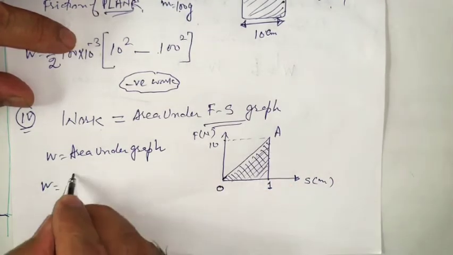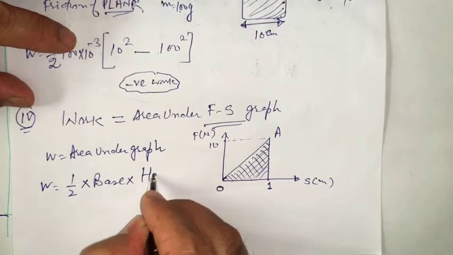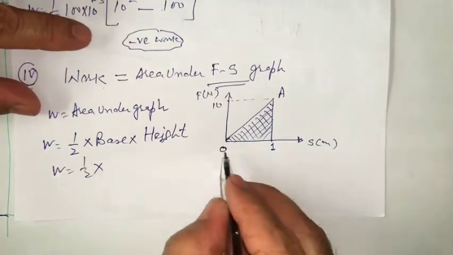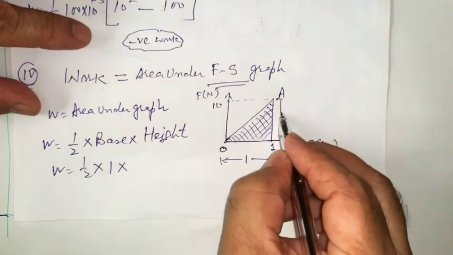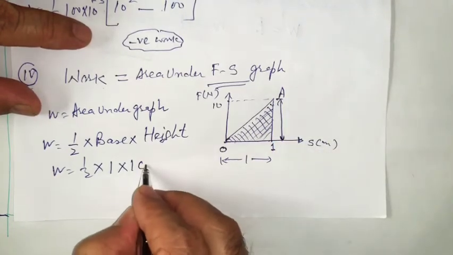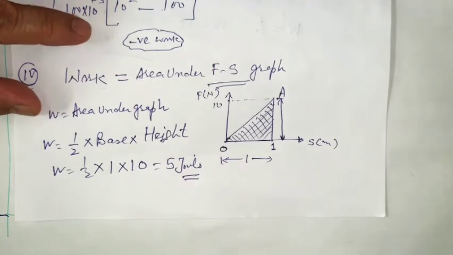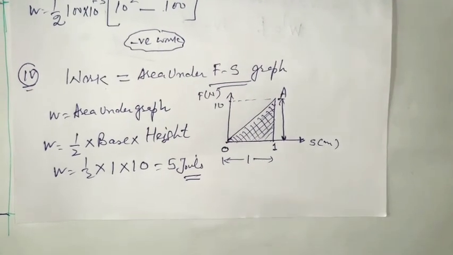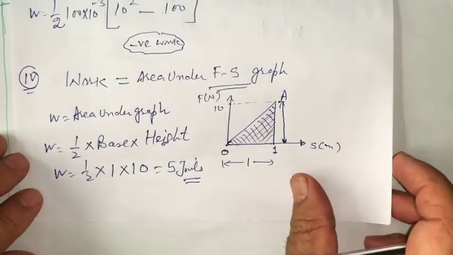The graph is a triangle. Area of a triangle is half base into height. What is the base? Base is equal to 1 meter. What is the height? Height is equal to 10 newton. So the answer is 5 joules. Means you can also find the work by using another formula, area under the force displacement graph is equal to work.